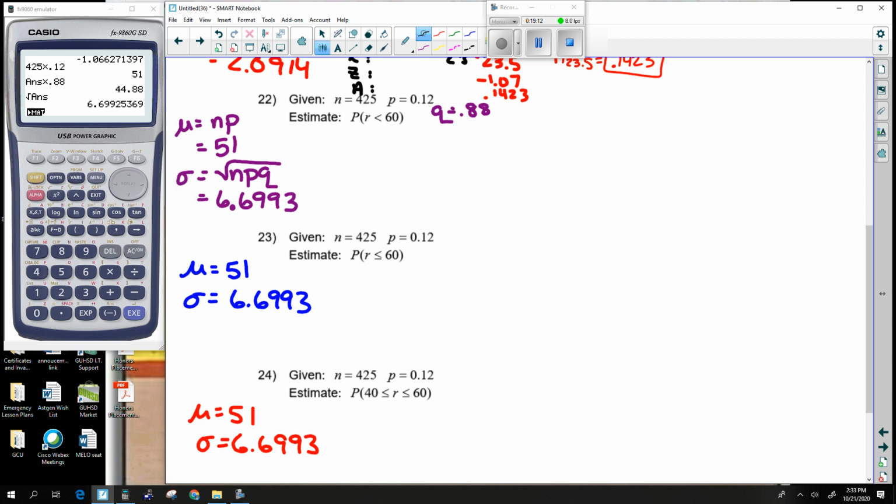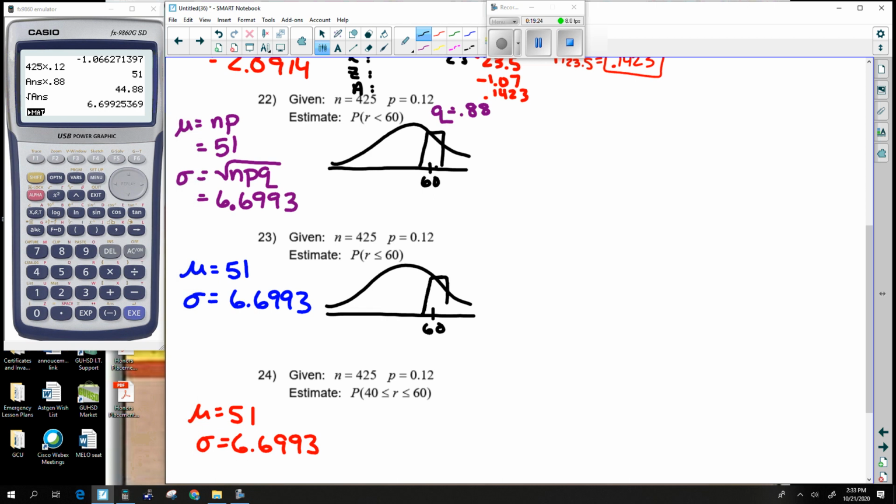Okay, so this question is asking R is less than 60. And I'm going to jump down over here. This is also bringing up 60. So the difference between these two things is this. Number 22, they want R to be less than 60, so this is the shading in that situation.